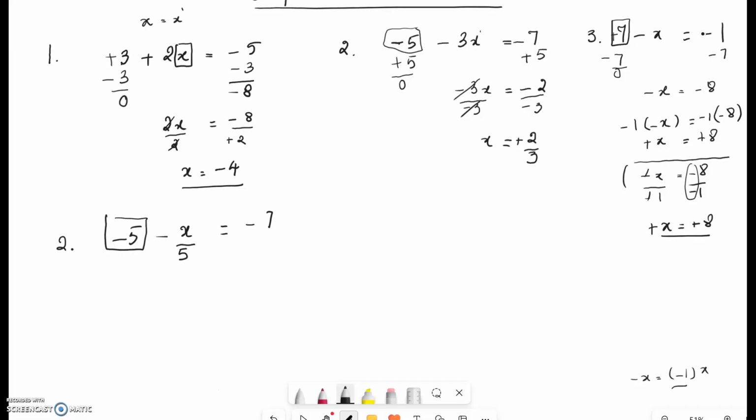So we have a negative 5, and the only way to get rid of it is by adding a 5 on both sides. So negative 5, positive 5, opposite signs, same number is a 0. So those two cancel each other out. We have negative x over 5 is equal to, opposite signs, the bigger number is negative, so we have negative 2.